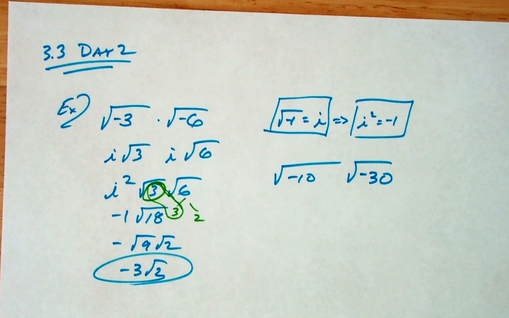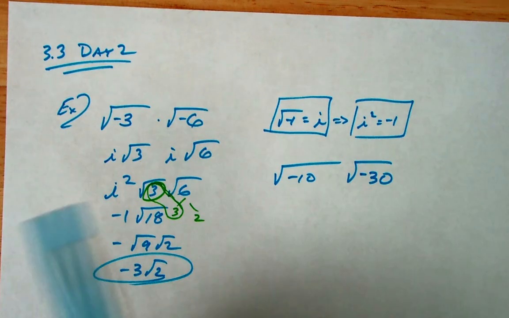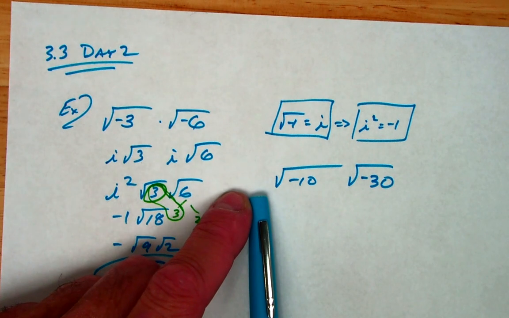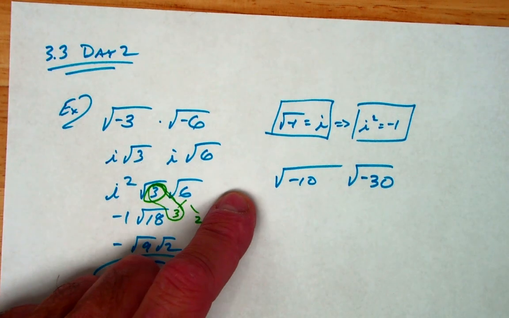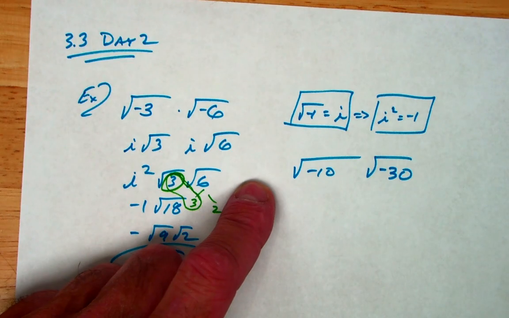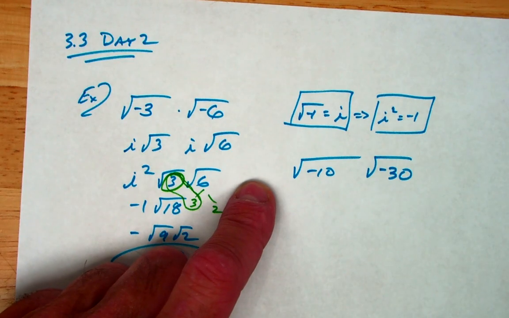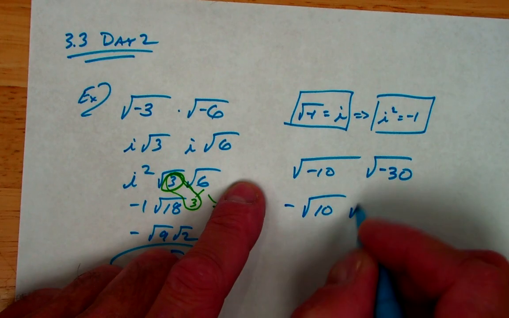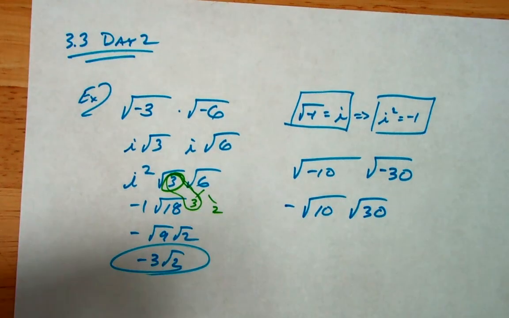Okay. We don't necessarily have to show everything, but if I took an i out of here and an i out of there, those would combine to give me what? i squared, which is negative 1. So pull your i's out first.